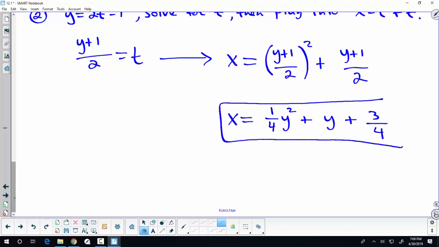Quadratic in y. But I think we're maybe even less familiar with graphs like that. It is a parabola that opens in a positive x direction. But maybe at least with this representation, we could find the vertex of the parabola.